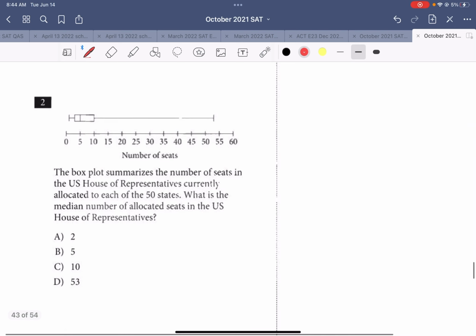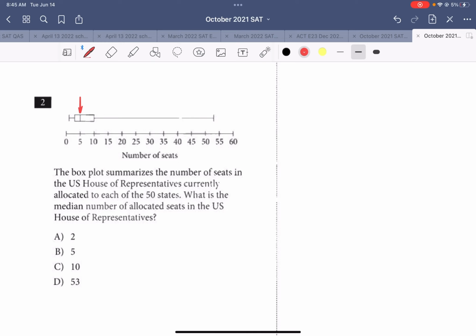Number 2. The box plot summarizes the number of seats in the U.S. House of Representatives currently allocated to each of the 50 states. So what is the median of the allocated seats? So median means right here. That is the median.